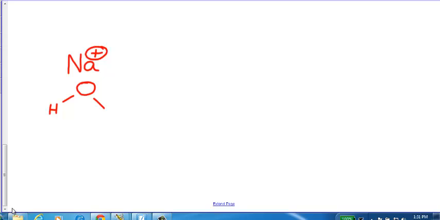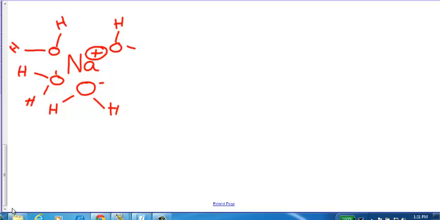So the water molecules will flip themselves so that all the oxygens are facing the positive ion, facing the metal. They'll all be orientated this way. This attraction between the water molecule and the sodium ion is known as a molecule ion attraction.